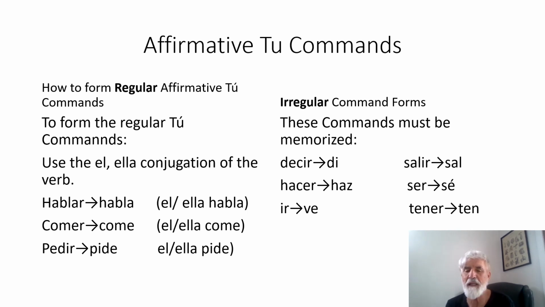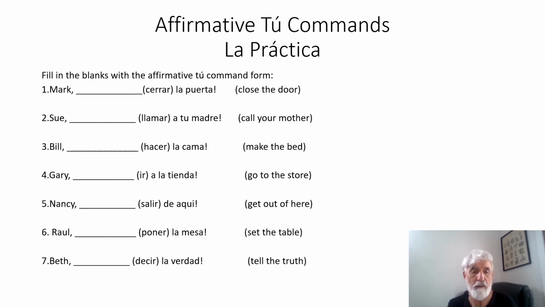You don't use the ella form here. It's irregular. You have to memorize this. It's ten paciencia. And then we have the verb poner, to put or place, like to set the table. So we would say pon.